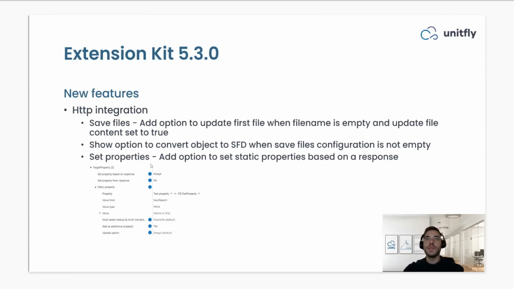And to set properties, we also added the option to set static properties, which are based on a response. So you can set some properties that are not returned in your HTTP response, like setting some workflow state or any other property based on the response.